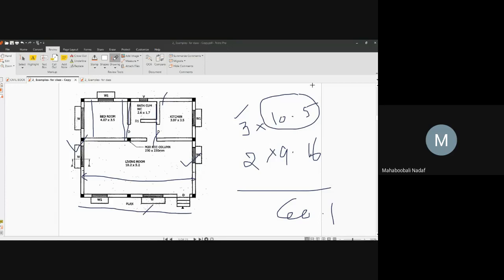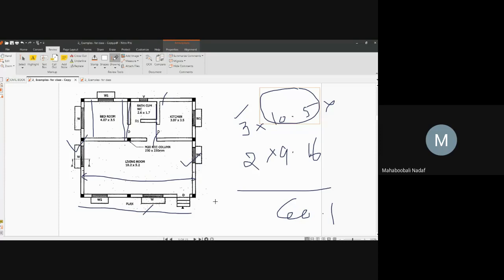What I was telling is this 10.5 is wrong, Sandesh. Can you calculate, Sandesh? What is this center to center? The answer is 59.9, but what is this? 10.5 is not correct. Sir, it is 10.43.